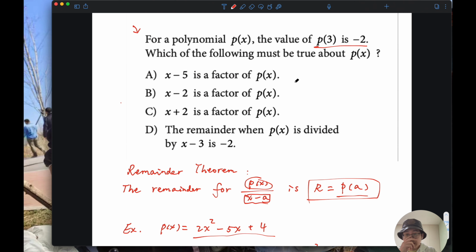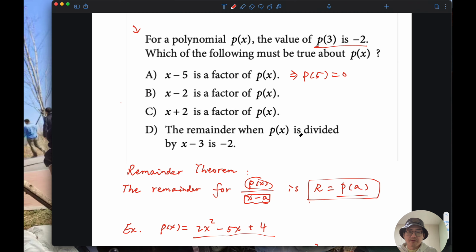For example, if x minus 5 is a factor, then x equals 5 should be a zero or an x-intercept for p of x, right? Which means p of 5 should be equal to 0. But that's not given in the question. It only tells us that p of 3 is negative 2. So it's not a must-be-true statement. And it's the same situation for choices B and C.